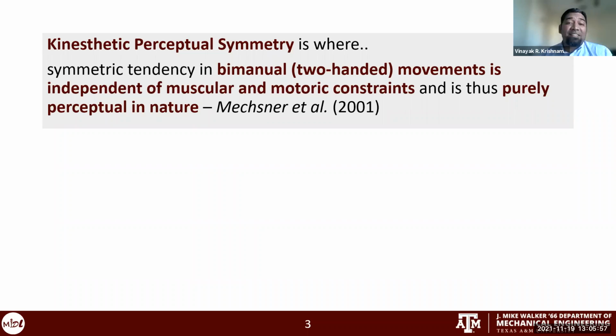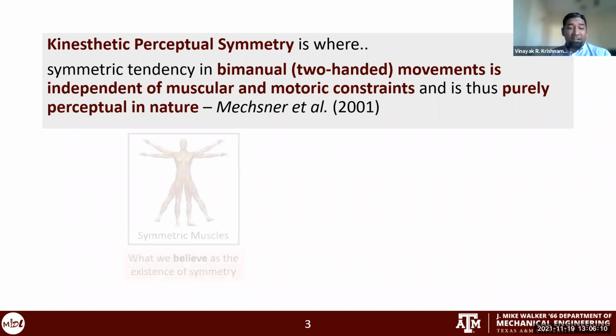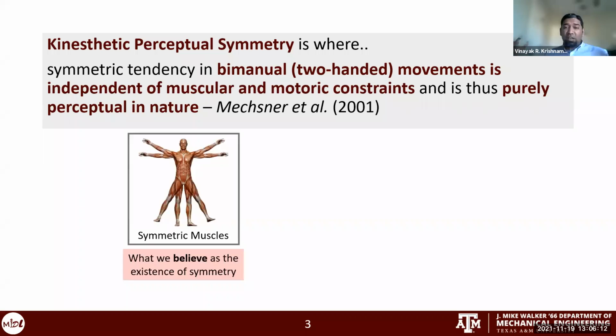This was a very seminal discovery that was published in 2001 in a Nature paper by Mexner and group, and it forms the basis of this work. Even though we have symmetry across muscle groups, in the literature prior to this work, people believed that the reason we are able to do symmetric operations is that there is some innate symmetry in our neuromuscular structure.